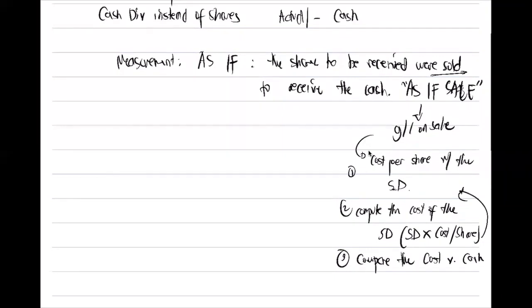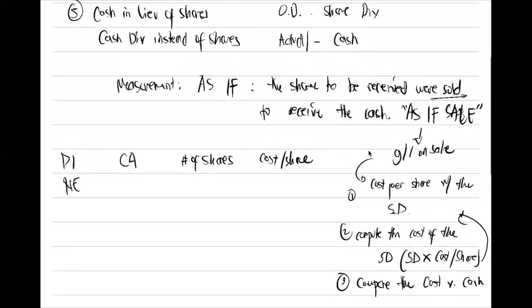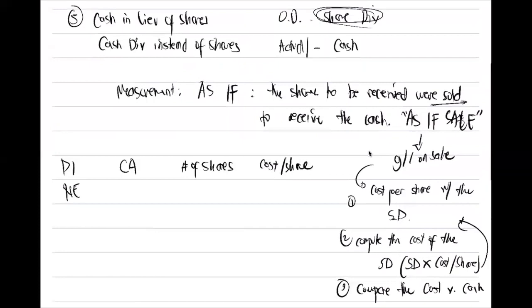Now, it's still the same. We need to look at the effect on your dividend income, your carrying amount, the number of shares, and your cost per share. As to your dividend income, it does not affect, because take note, this is a share dividend. And for a share dividend, we do not record a particular entry on the recognition.